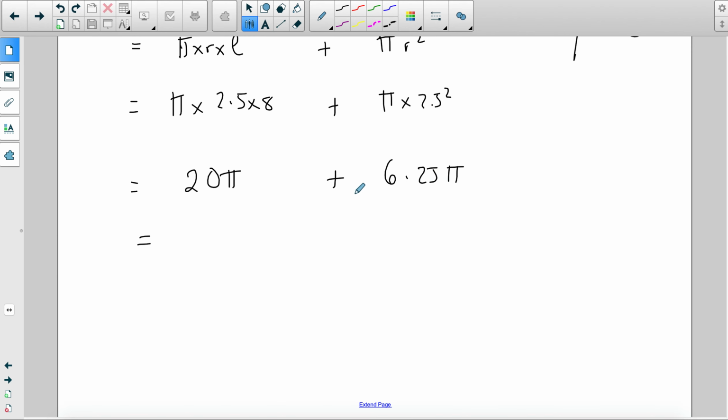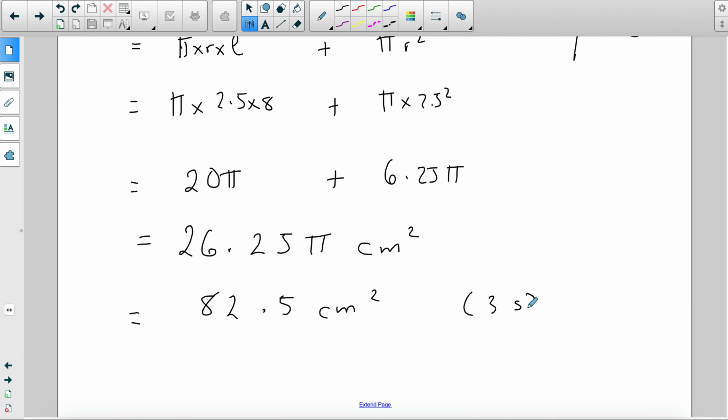If I have 20 pi and I'm adding 6.25 pi, I end up with 26.25 pi. It's just adding 20 plus 6.25, and I can do that because I have 20 lots of pi and 6.25 lots of pi. So you can think of it as algebra. And then you can leave the answer in this form if you want to, or you can evaluate it. So you actually multiply by pi and you end up with 82.5 centimeters squared, to three significant figures.